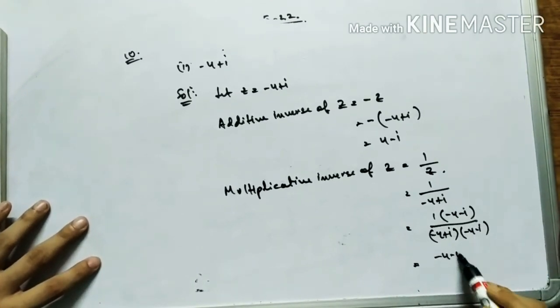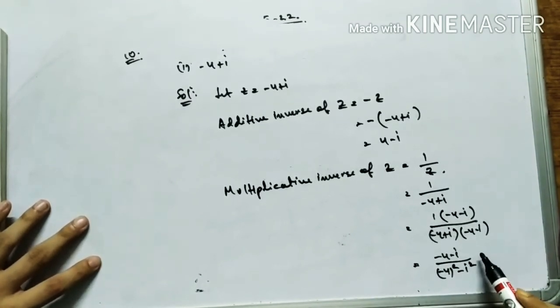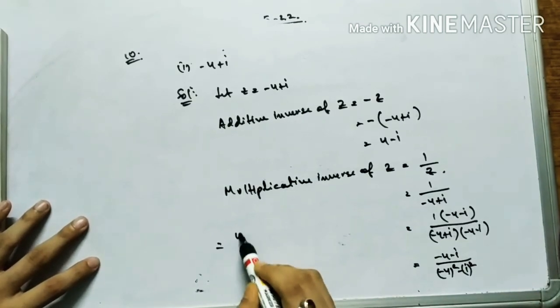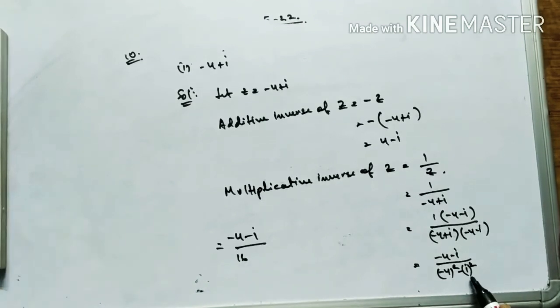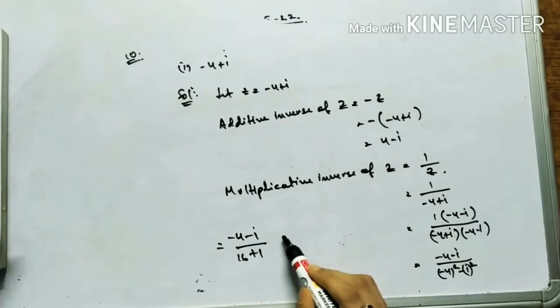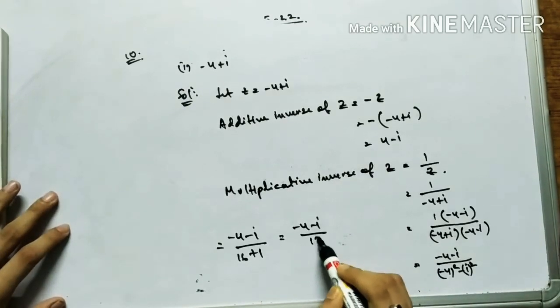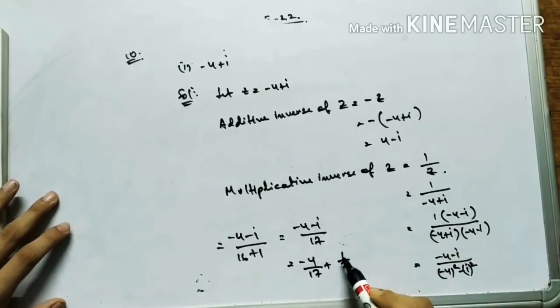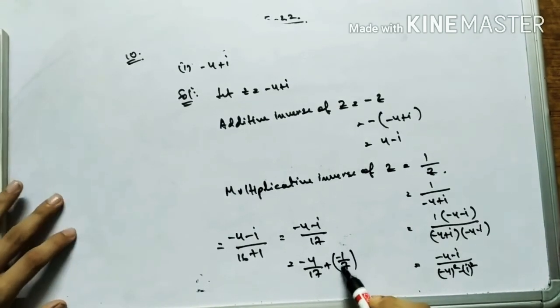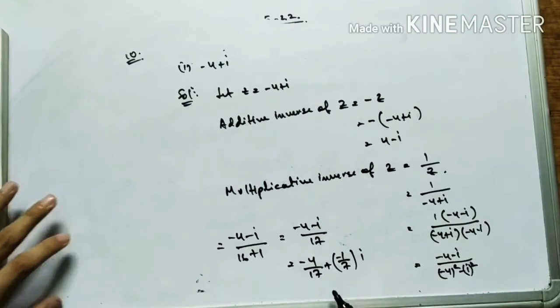So this is minus 4 minus i by 16, and minus i square is minus of minus 1, so plus 1. So minus 4 minus i by 17, which is minus 4 by 17 plus minus 1 by 17 i.